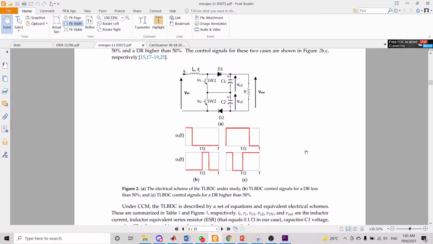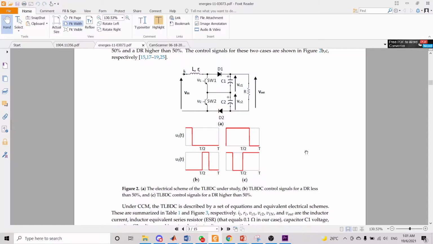The 3-level boost converter consists of two regimes: input voltage less than half of the output voltage, and input voltage higher than half of the output voltage.